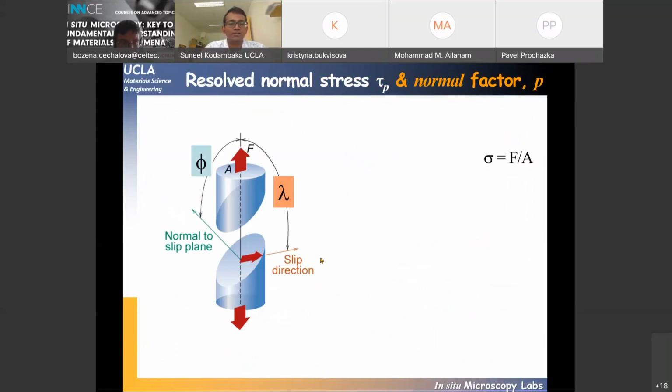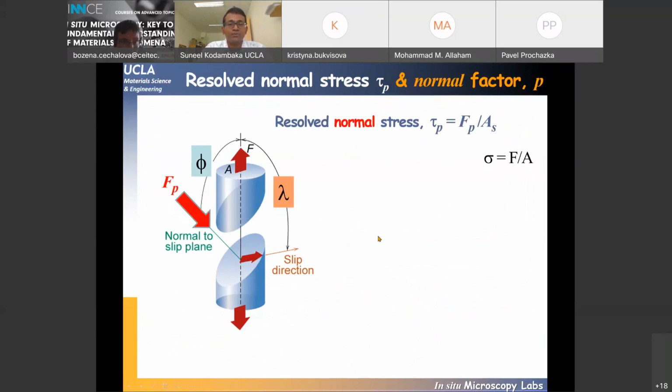Typically, when you have a crystal that is being either pulled or compressed, the dislocations will move along a given plane of interest. If that's your slip plane on a given slip direction, you have a normal resolved shear stress.